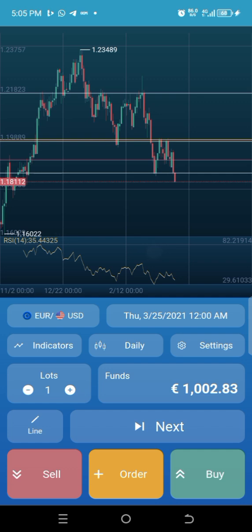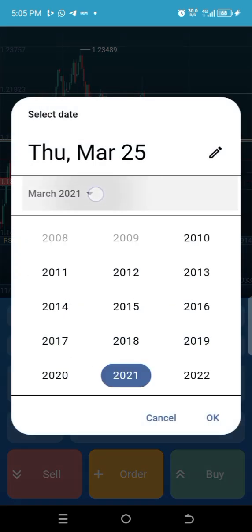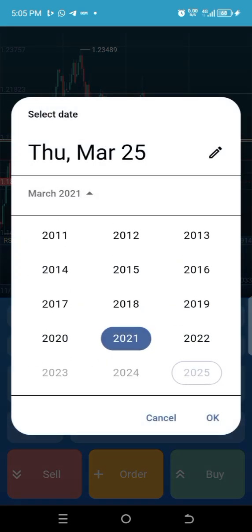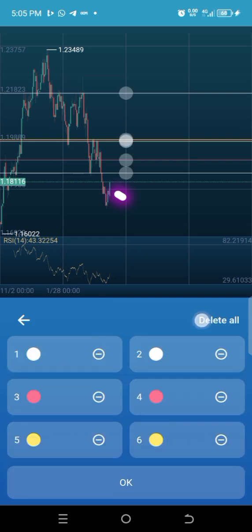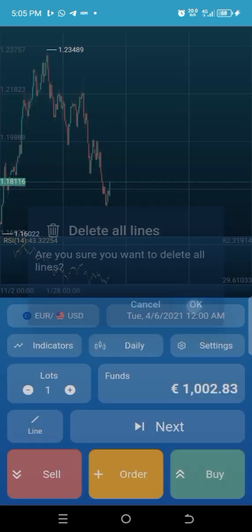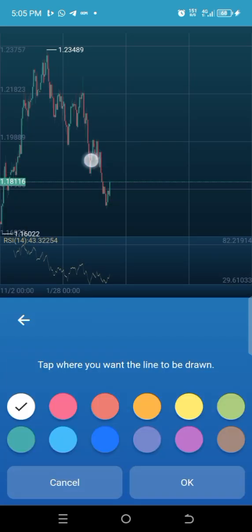Yes, we're about to finish. I think we're remaining with 1 more year, 2022. So let's wait for another area of interest. It has been formed. Let's remove all these lines, mark our highs and lows.